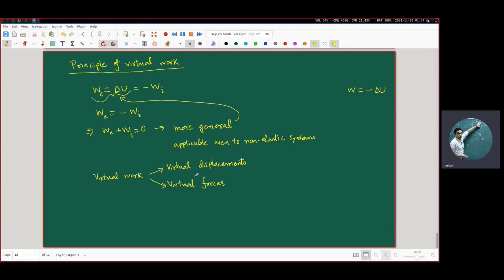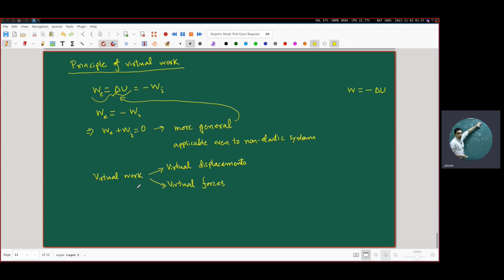the virtual displacements. By the way, I have not actually stated the principle of virtual work. I have only said virtual work may be associated with virtual displacements, one option, and second option is virtual work may be associated with virtual forces. But what is the principle of virtual work?